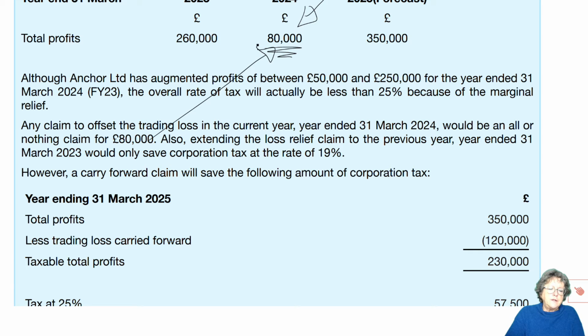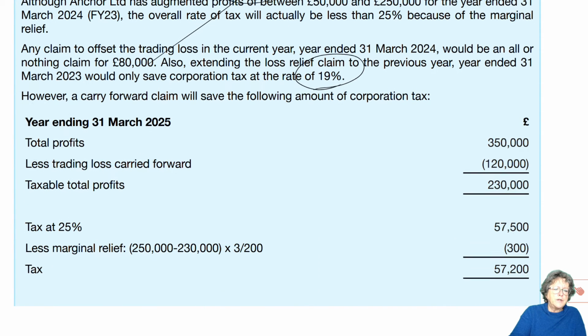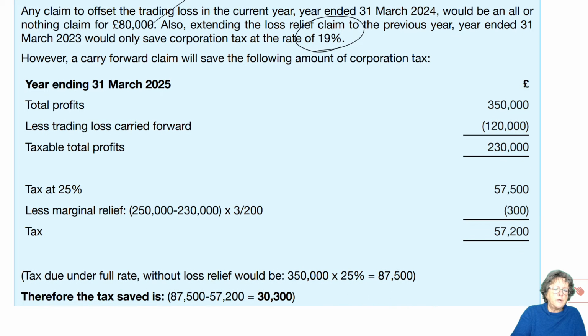Also, extending the loss claim to the previous year, which we could do, will give us a rate of 19% return. However, a carry forward claim would save the following corporation tax. So therefore we have the profits, which are at this stage forecast, which means we run the risk that it might not actually be as forecast, less the losses which we have brought forward, giving TTP of 230,000.